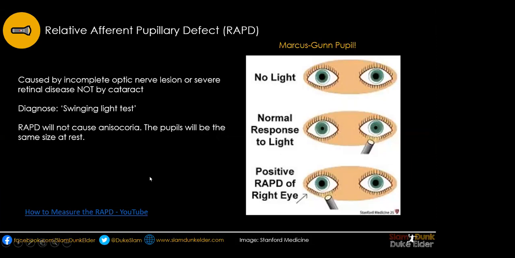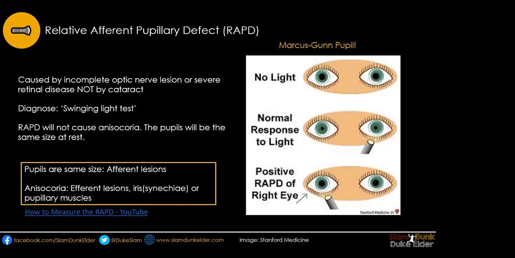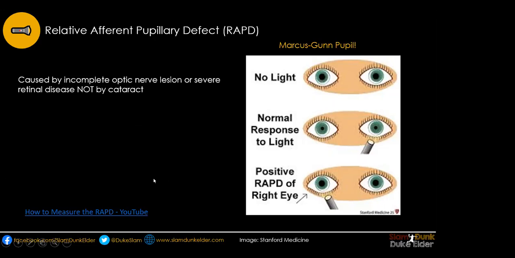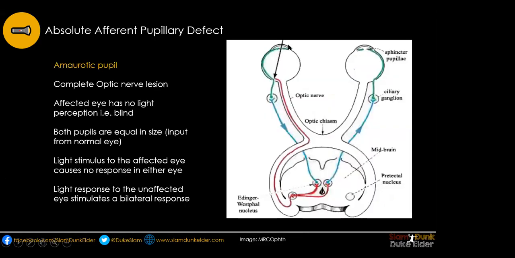Okay, and again, at rest, an RAPD won't cause an anisocoria, and they'll be the same size at rest because you've got that bilateral input. So pupils are the same size if you've got afferent lesions. So if you've got anything up until this point, which is a lesion, your pupils will be the same size.